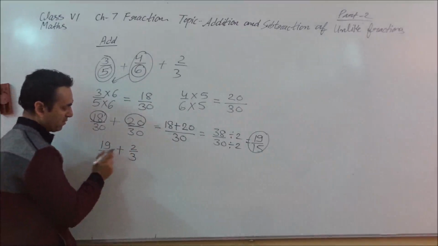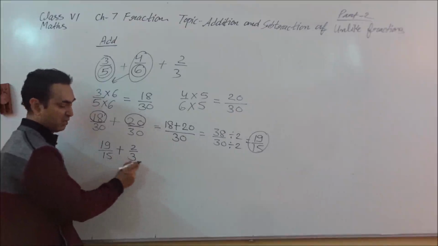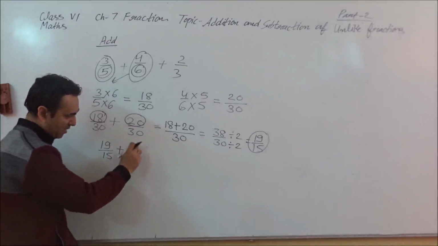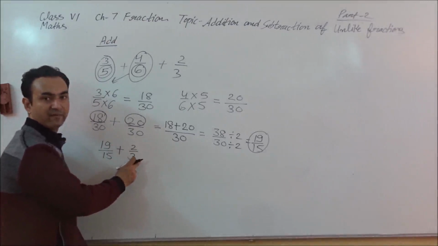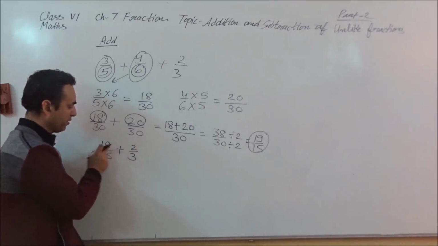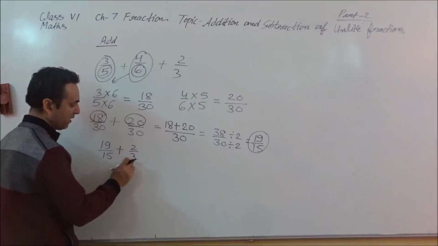Now you can see how we can change this fraction into a like fraction. These are not like fractions, these are unlike fractions. So we can just multiply the second fraction with 5, right? This is very easy. There is no need that you multiply this and this. Okay, you can apply that, but now we can apply it only to this fraction.